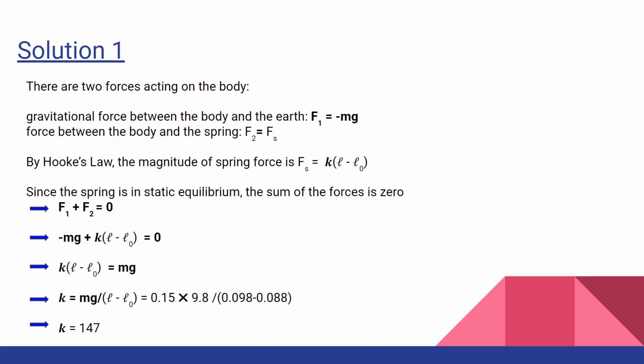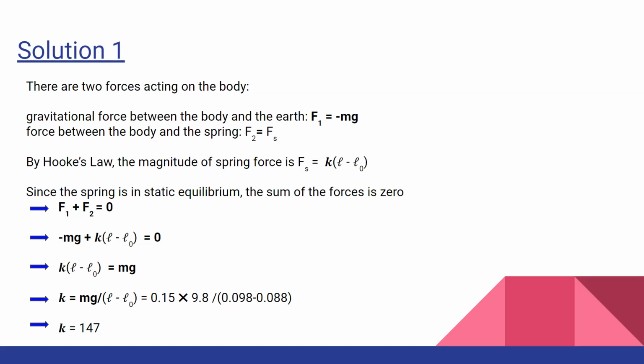There's also an opposite force that's directed upwards. That's the force that's trying to pull the spring back to its equilibrium position. We'll call this F2, and this is what we are trying to look for. By Hooke's law, the magnitude of the spring force is k times the displacement.